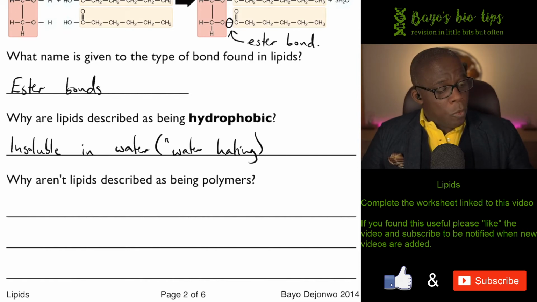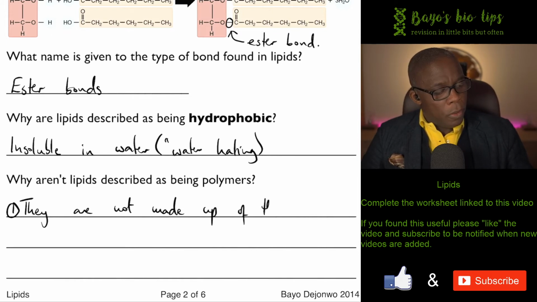Okay, so why aren't lipids described as being polymers? The reason is simple. They are not made up of the same type of constituent molecules.